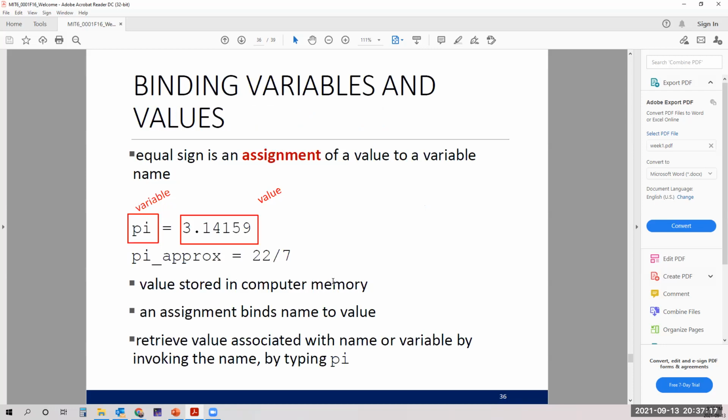Binding variables and values. What do you mean by binding? The equal sign is an assignment statement. Once we have an equal sign, we call it an assignment statement of a value to a variable name. When I say pi, it's a variable. The value is 3.14. So I'm assigning the value of 3.14 to a variable.